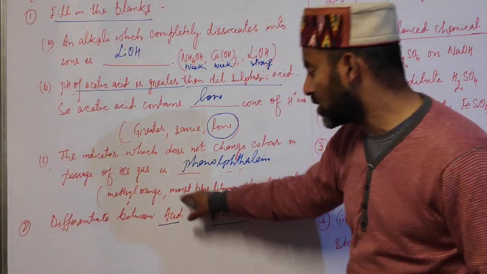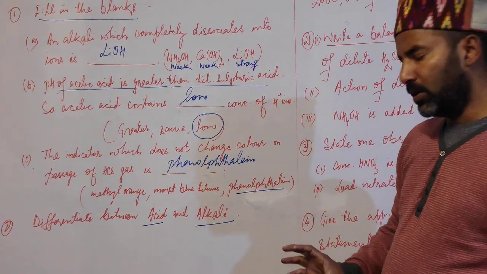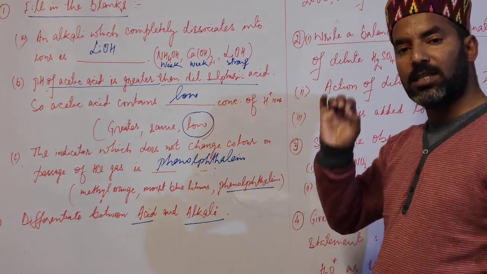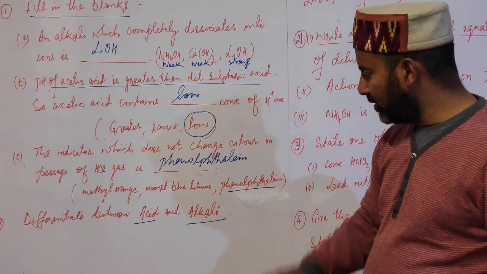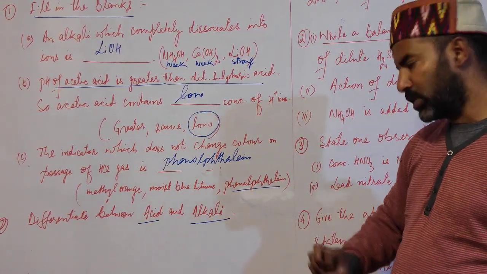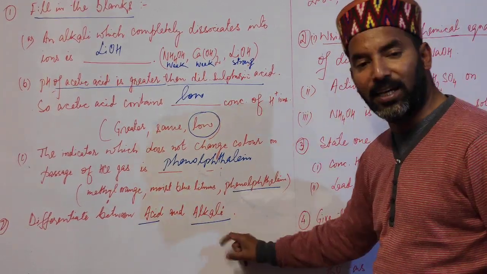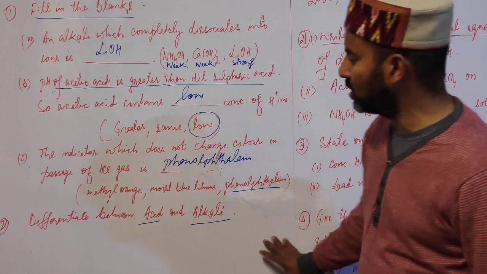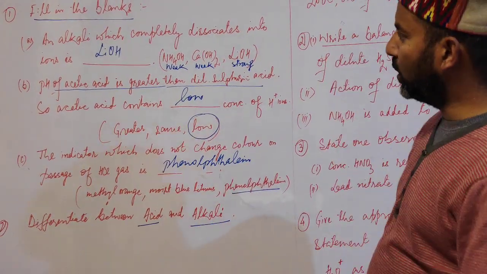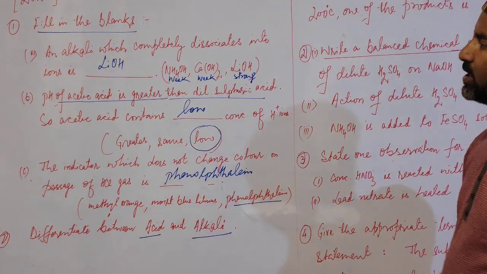An acid is a substance which dissociates in water to give hydronium ion as the only cation. And what is an alkali? An alkali is a substance which dissociates in water to give hydroxyl ion as the only negatively charged ion. So this is the basic difference. So students, these were the questions from 2020, that is this year's ICSE paper.